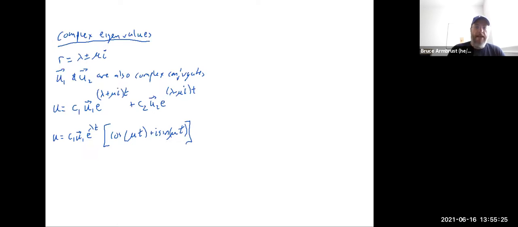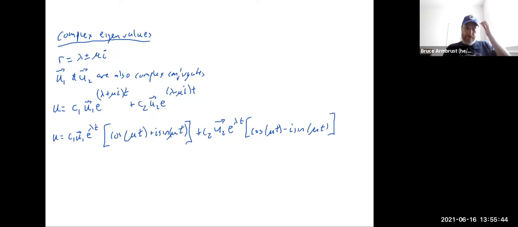And then we add to that the C2, U2, e to the lambda t times cosine mu t minus i sine of mu t. So just good old Euler's formula like we saw before.